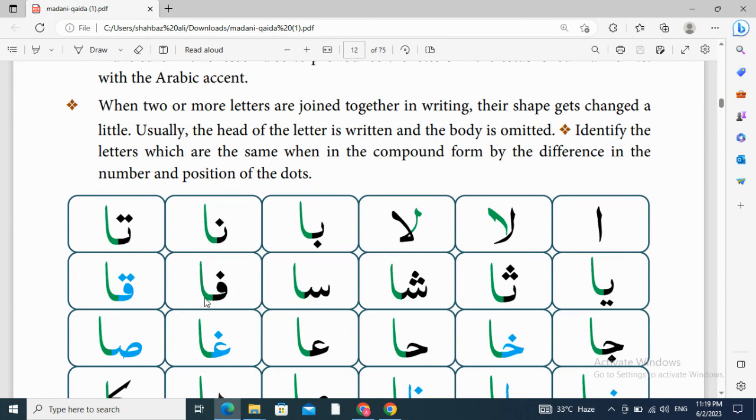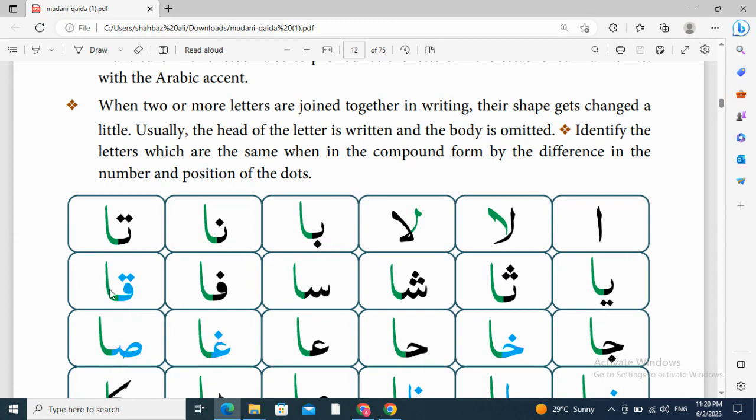Fa alif, fa alif. Qaf. This letter is known as huruf musta'aliya, and this letter is read in a thicker voice.